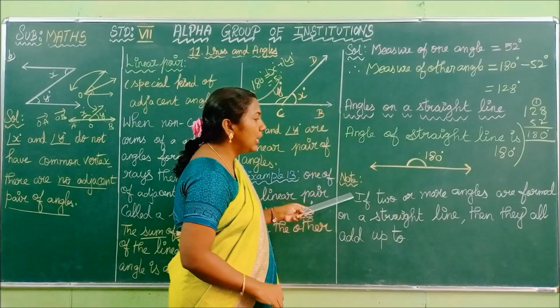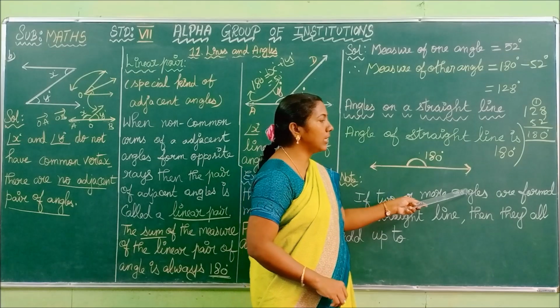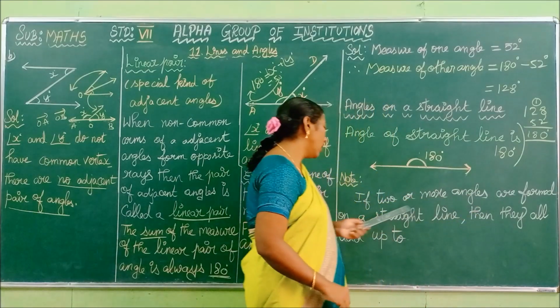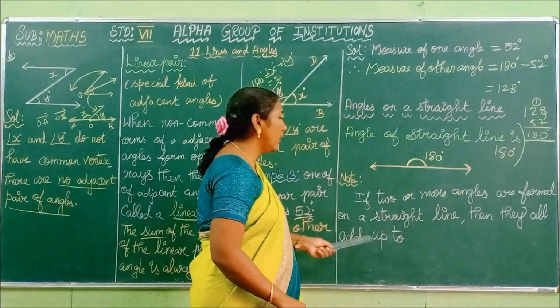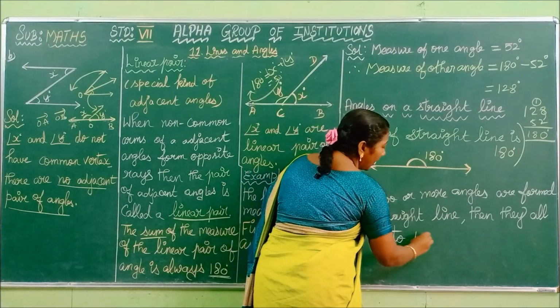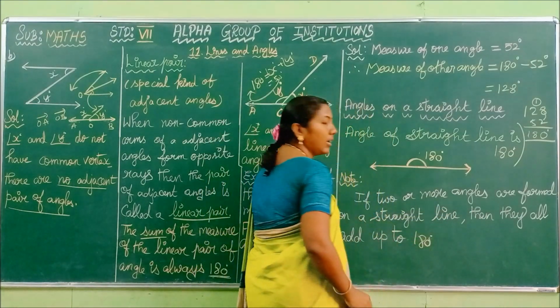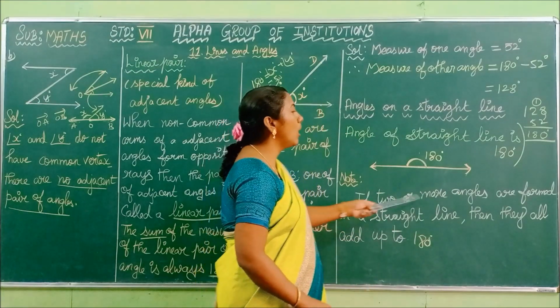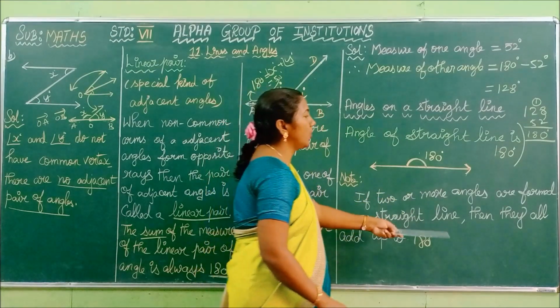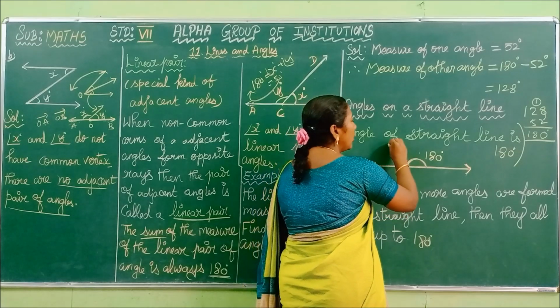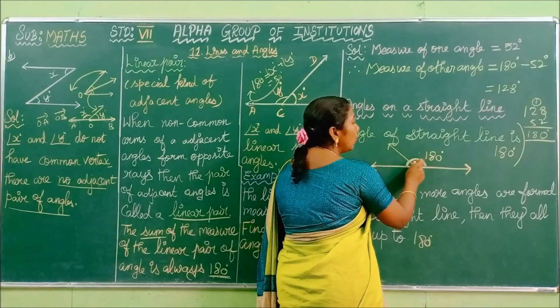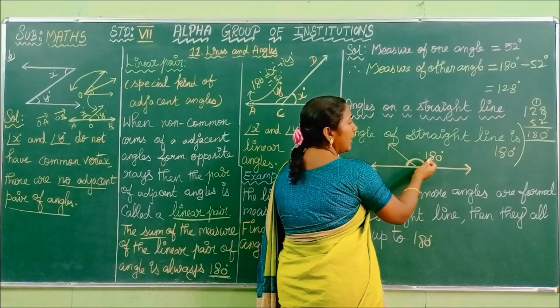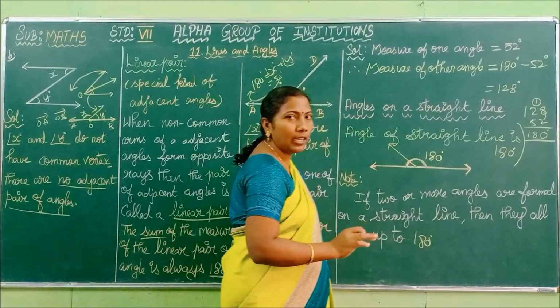See the note. If two or more angles are formed on a straight line, then they all add up to what? 180 degrees. It means, if two or more angles are formed on a straight line, this is one straight line. Suppose this is one angle, this is one angle. If you add these two angles, they give the sum 180 degrees.